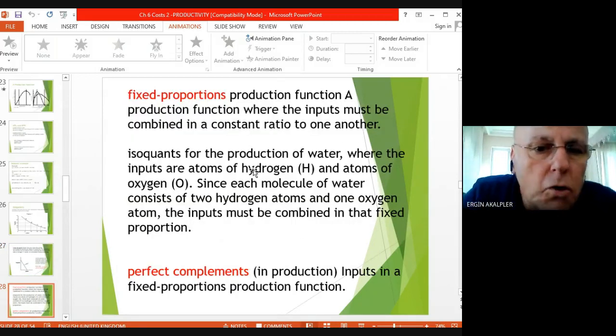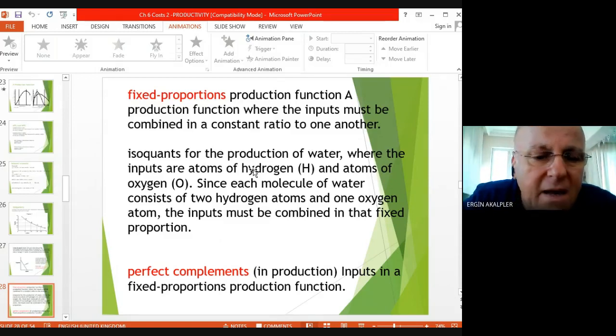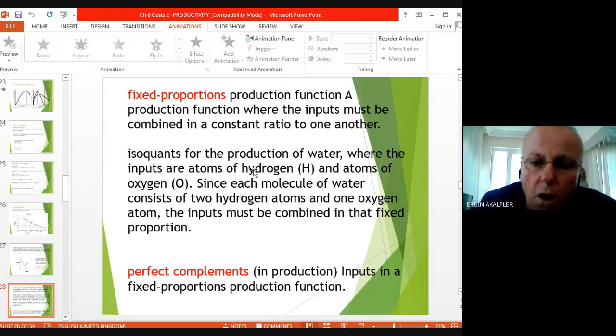The fixed proportion production function is a production function where the inputs must be combined in a constant ratio to one another. The isoquant for the production of water, where the inputs are atoms of hydrogen and atoms of oxygen, is L-shaped, since each molecule of water consists of 2 hydrogen atoms and 1 oxygen atom.